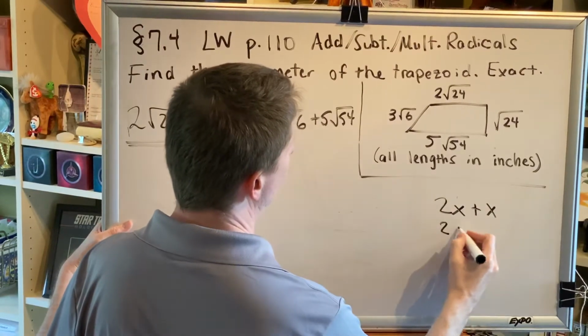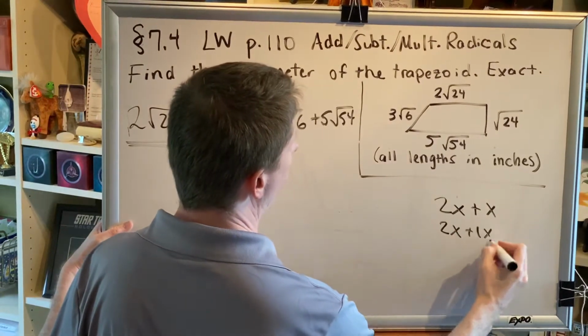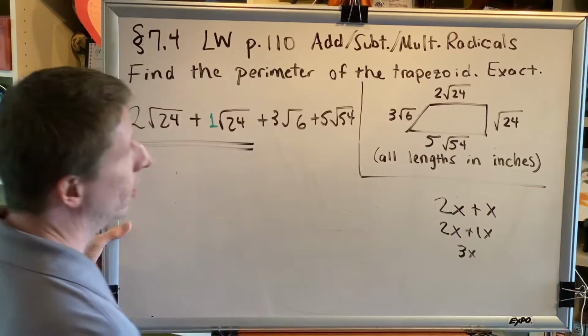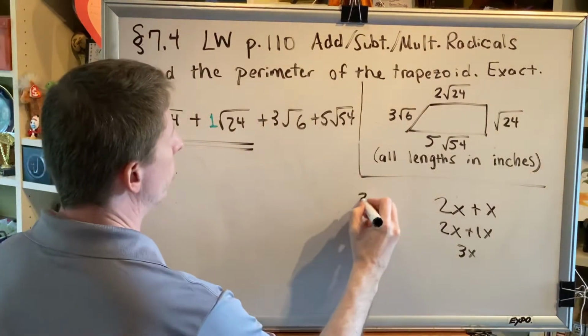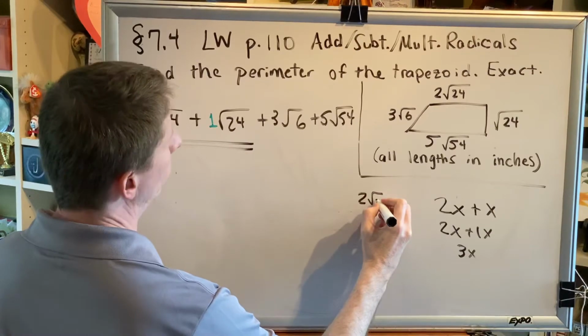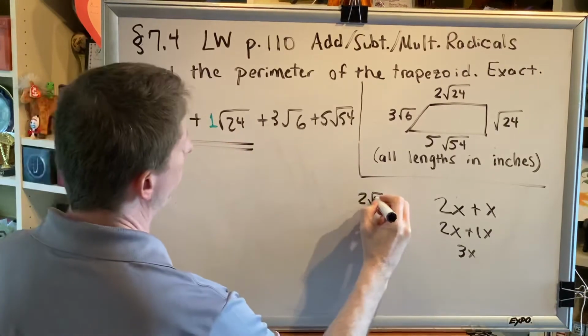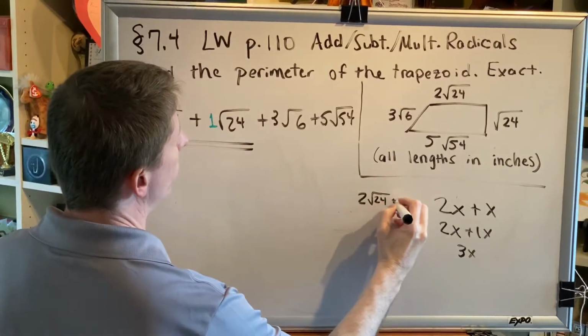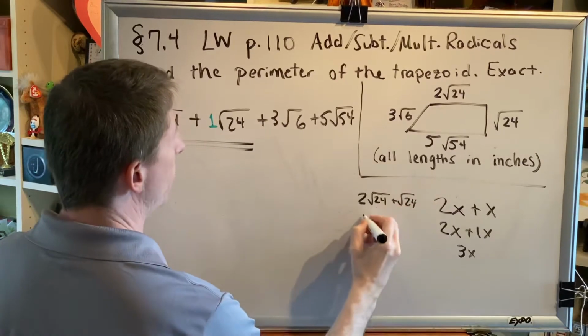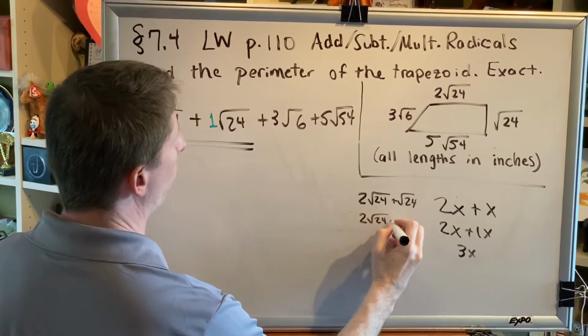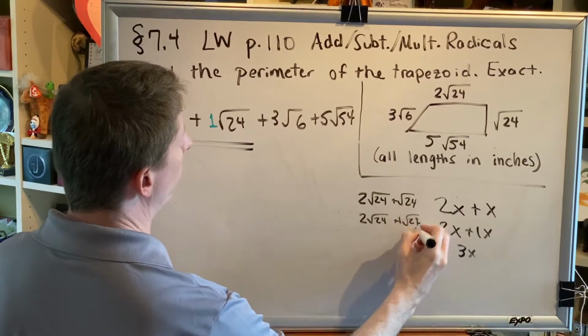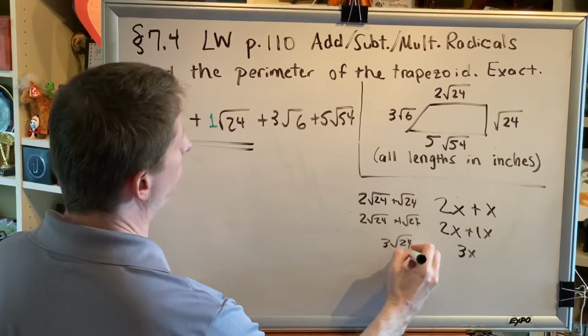You would say that's the same thing as 2x plus 1x, which is 3x. The same thing is true for radicals. 2 radical 24 plus radical 24 is the same thing as 2 radical 24 plus 1 radical 24, which is 3 radical 24.